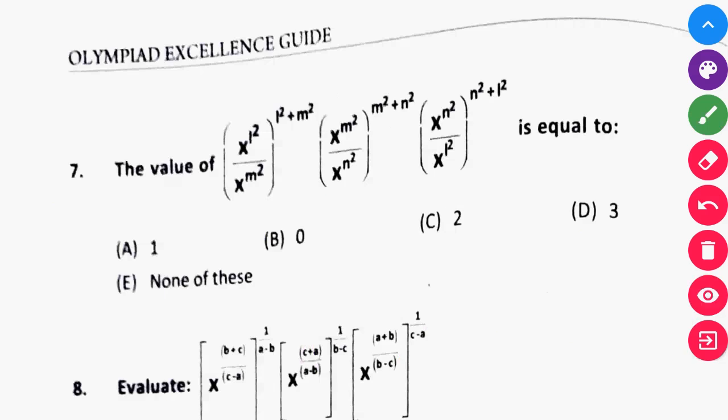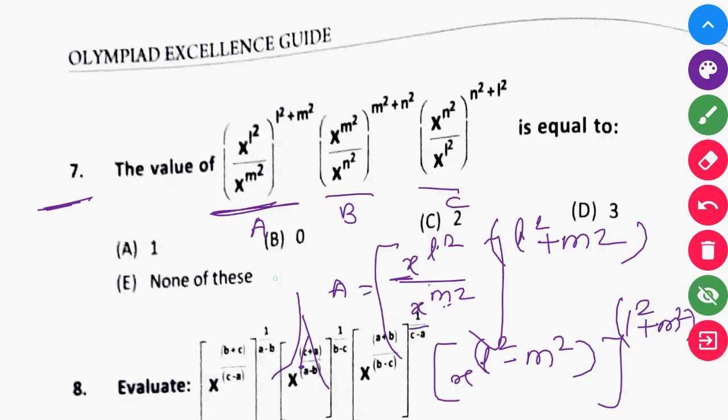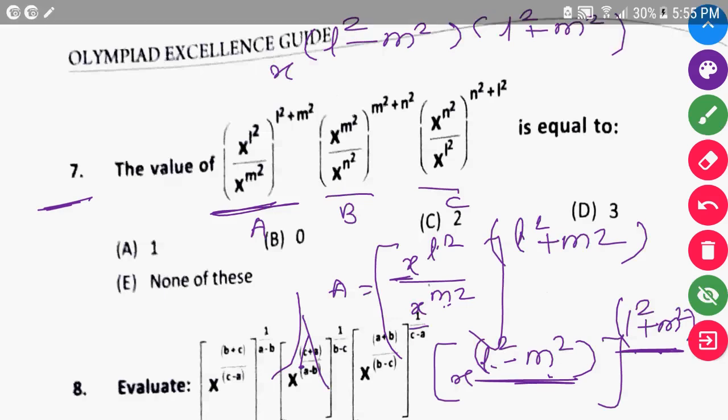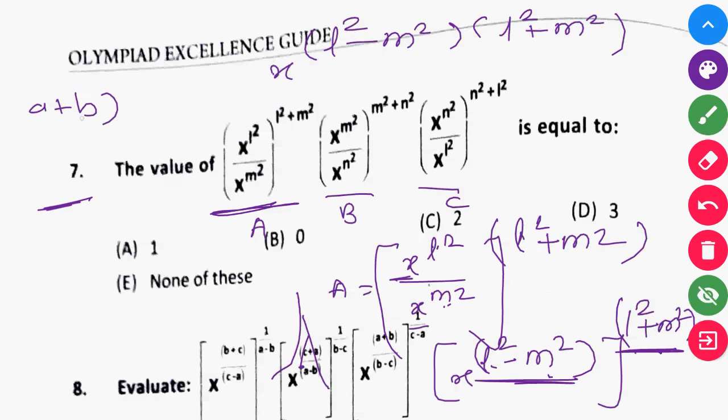Okay. Now what happens is, we have to multiply these two, L square minus M square and L square plus M square. So on the head of x we multiply L square minus M square by L square plus M square. Now when we solved the first or second sum, we saw one formula, a plus b multiplied by a minus b is equal to a square minus b square.